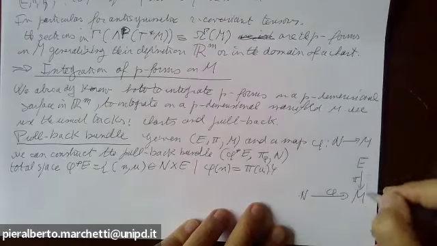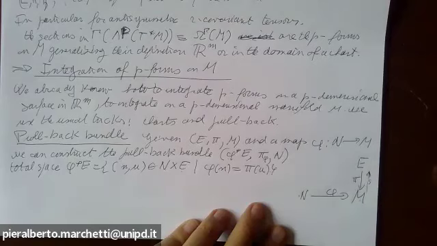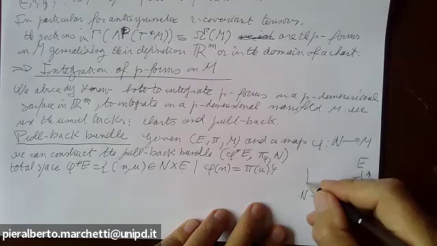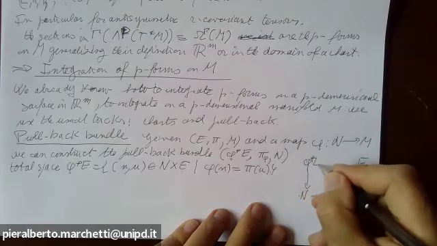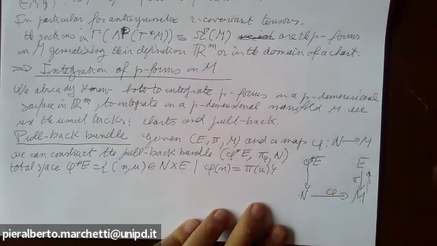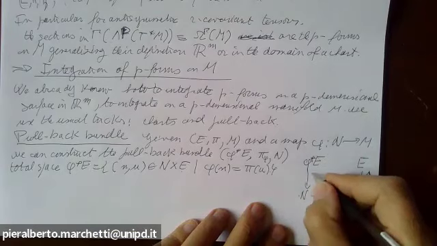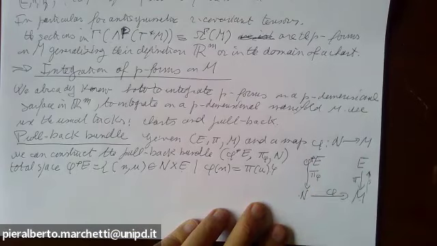You can have also sections, that we discussed later, from M to E. And then you have your bundle phi star of E above N, which is constructed in this way. It's a very constructive way. And of course, this has its own projection.